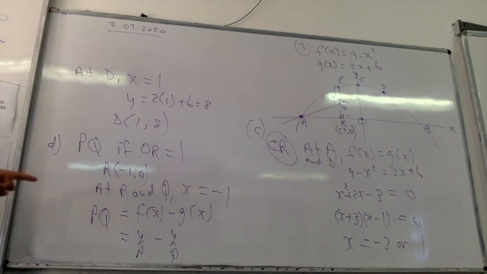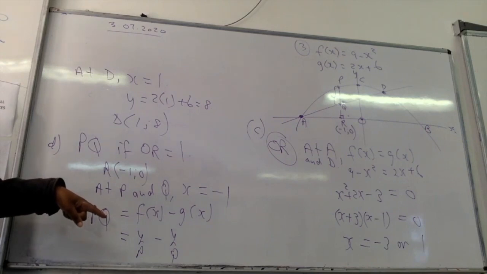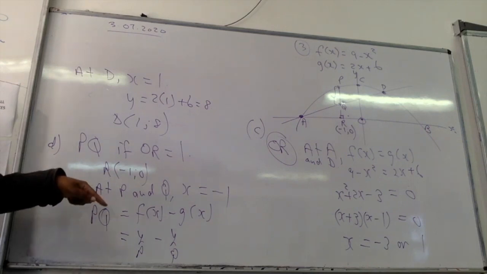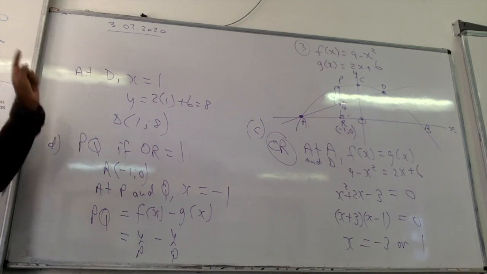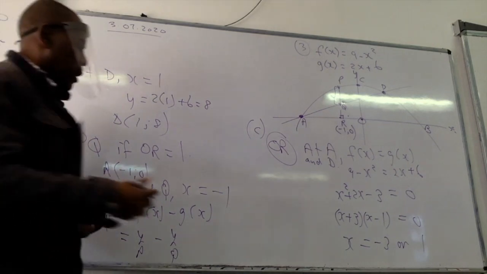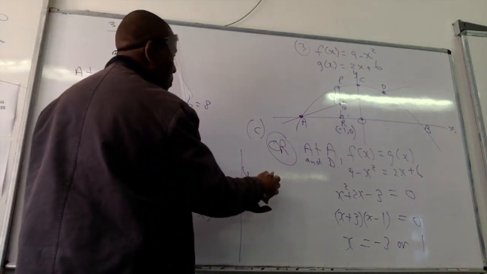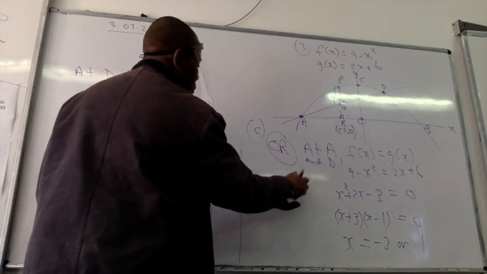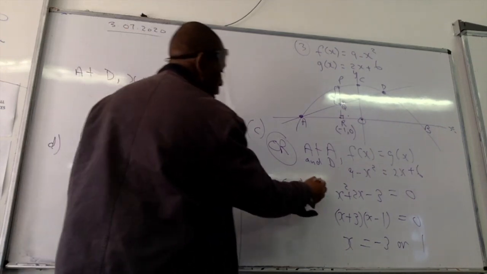But for me to get the y value at P, we substitute x equal to -1 into which equation? Into f. All right, okay. The y value at P will be 9 minus (-1) all squared, which is equal to 8.